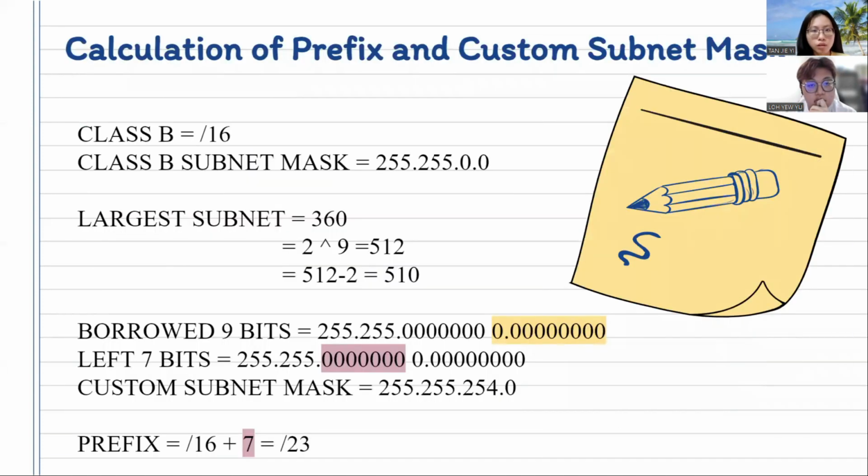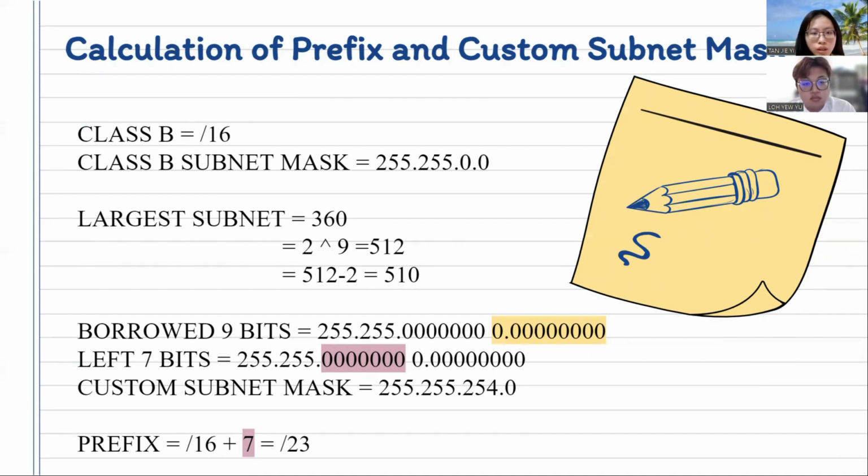And this is our calculation of prefix and custom subnet mask. We choose class B as our subnet, which is /16, and the subnet mask for class B is 255.255.0.0. The largest subnet we have is 360, which we calculated just now, and we need 2 power 9 to get 512 so that we can include the 360 inside.